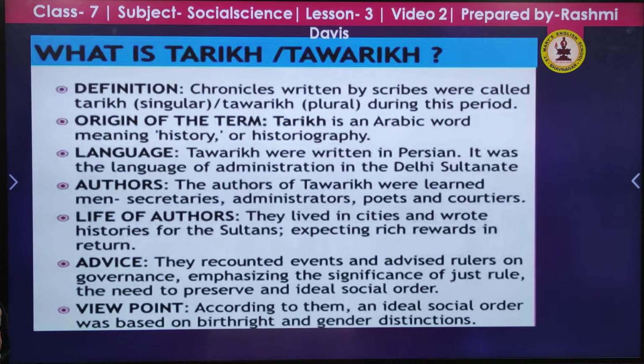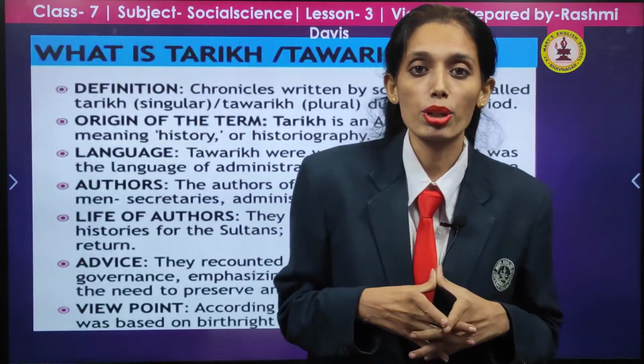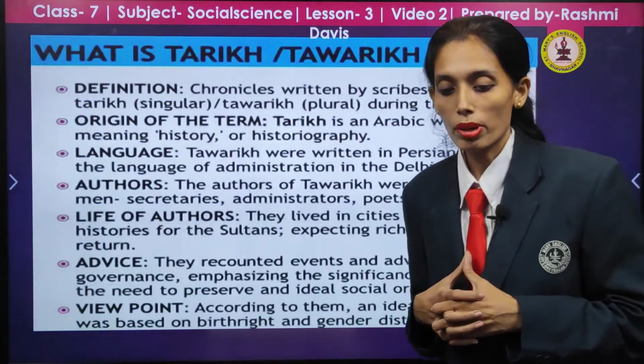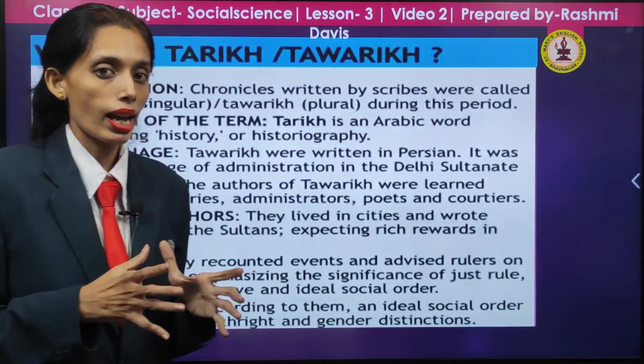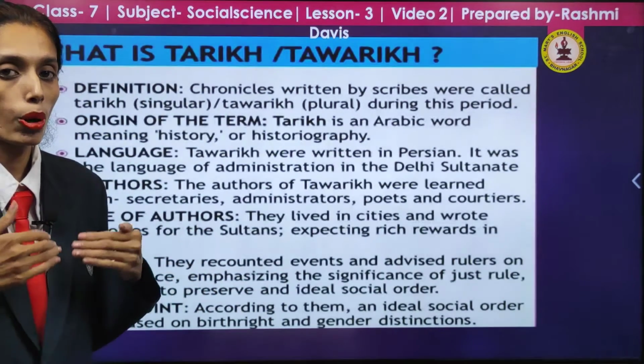Viewpoint. According to them, an ideal social order was based on birthright and gender distinction, as mentioned in the Tawarikh. The scribes gave importance to the male.